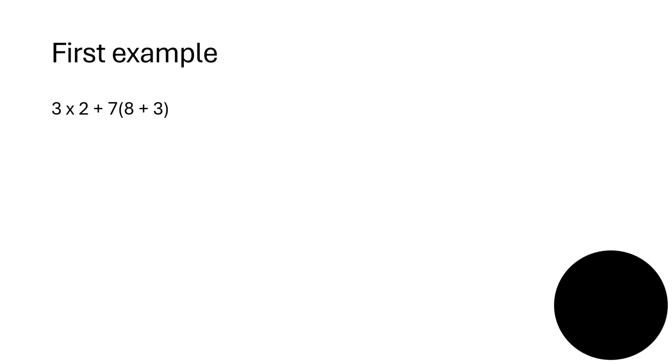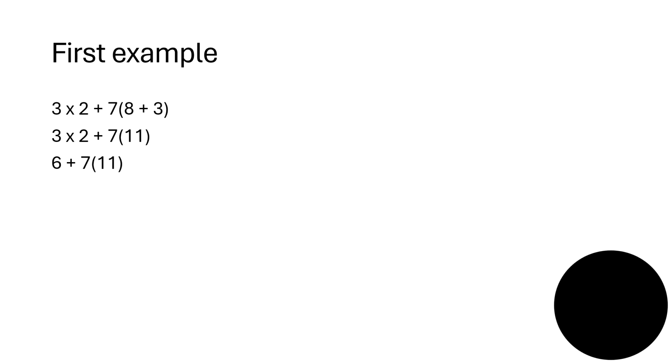So our first example, we have 3 times 2 plus 7 times, in parentheses, 8 plus 3. What we do first, we go for the parentheses, and we add in the parentheses. And so we have 3 times 2 plus 7 times 11.